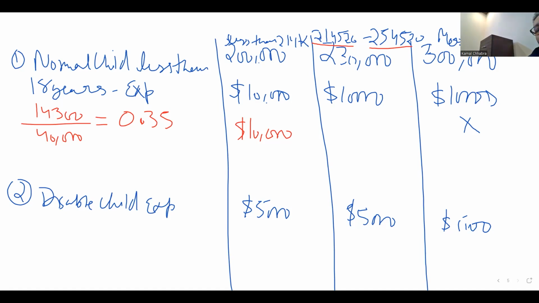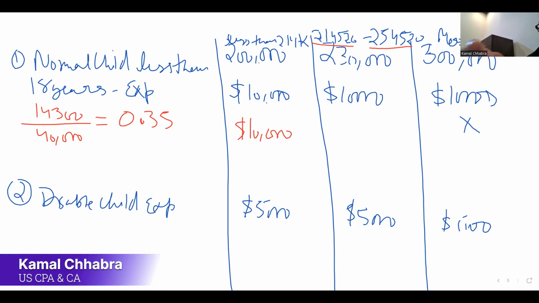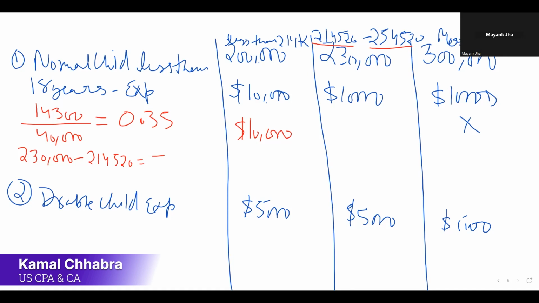Right? So how much is 230,000 minus 214,520? It is 15,480.